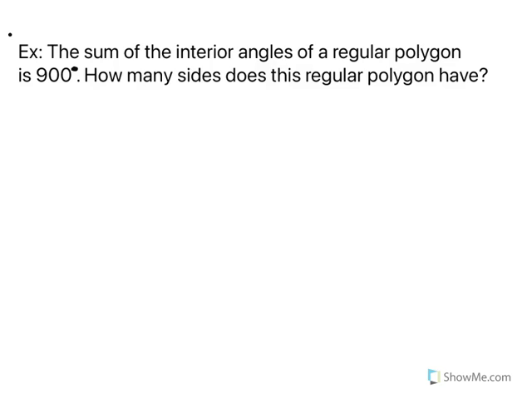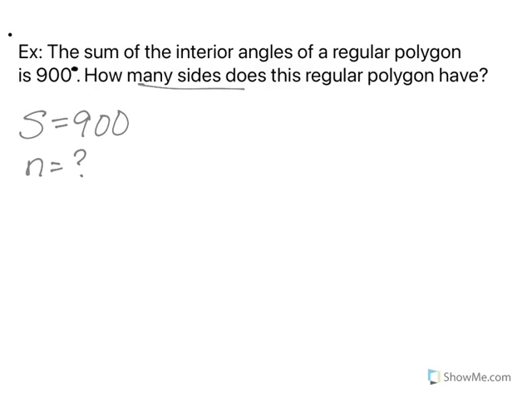The sum of the interior angles of a regular polygon is 900 degrees. How many sides does this regular polygon have? So we have a polygon of some shape and size, and the sum of all of the angles is 900. So we know that S is 900. We don't know what n is; that's the question.